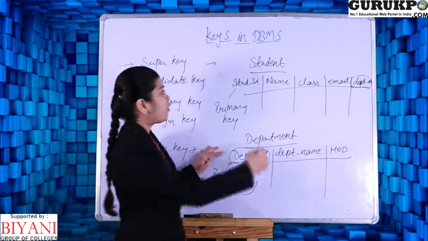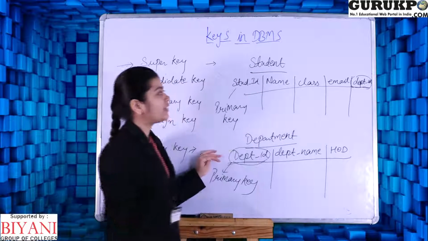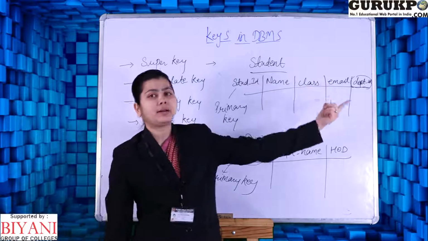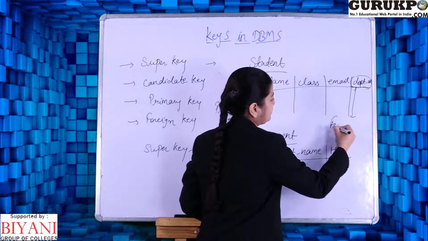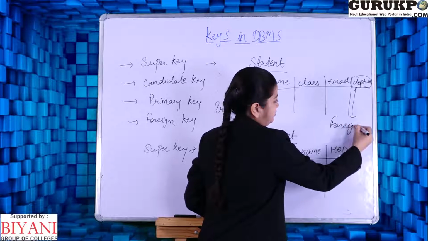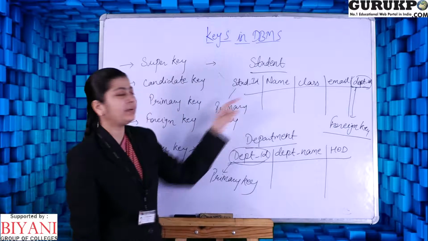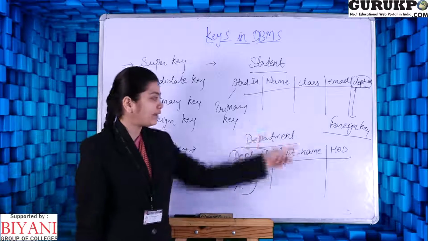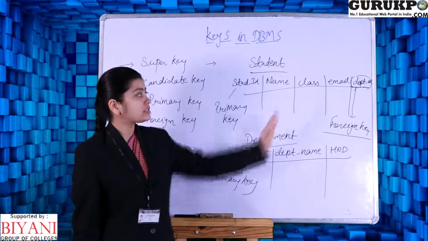So if we want to access the data of the department table by using the student table, we can easily access the data because of this department ID. So here department ID works as a foreign key, because by using department ID from the student table, we can easily access the data of the department table, which is linked with this department ID.